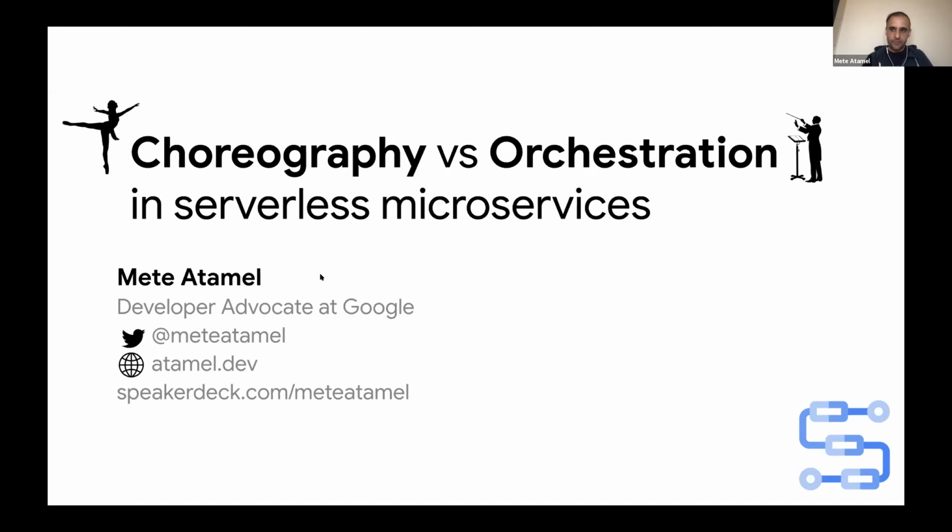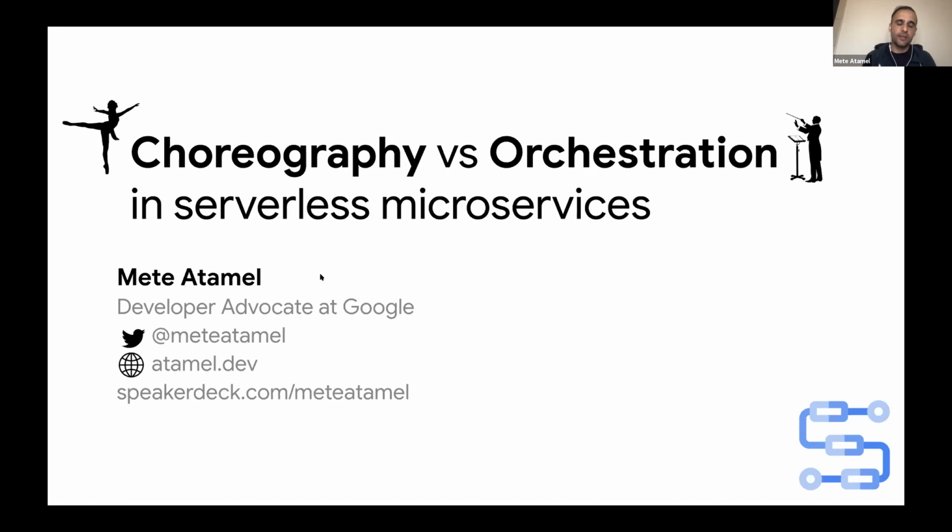All right. So the way this talk is going to go is that first I want to describe to you what I mean by choreography, what I mean by orchestration at the high level, so that we have the context. Then I want to look into the choreography and orchestration landscape a little bit.